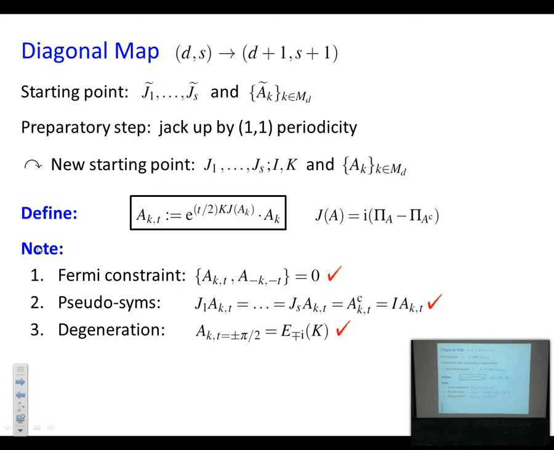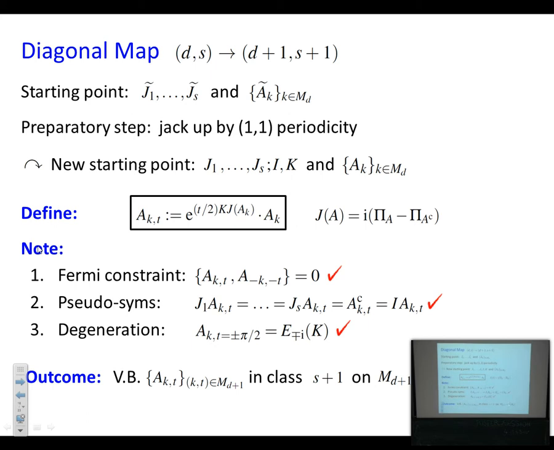So what that means is that starting with a vector bundle in d dimensions and S symmetries, we've produced a new vector bundle with an extra symmetry given by the extra pseudosymmetry I. And in one extra dimension, because of this degeneration, what we've really done is we've suspended the original momentum space in one higher dimension.